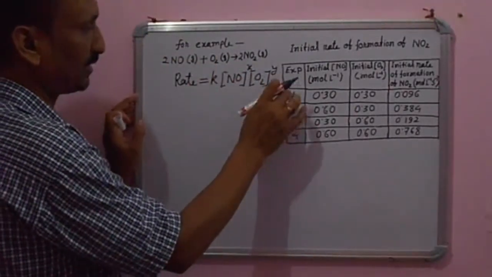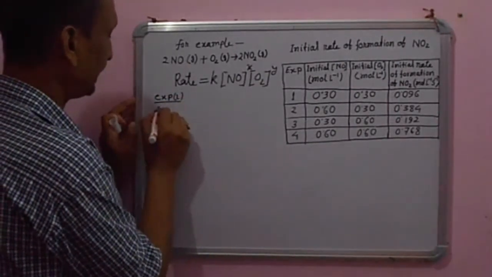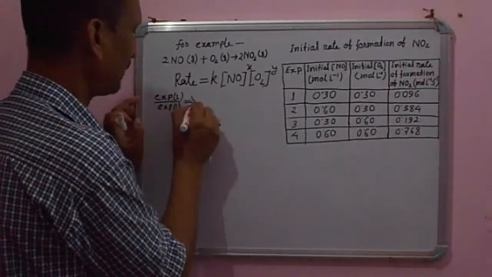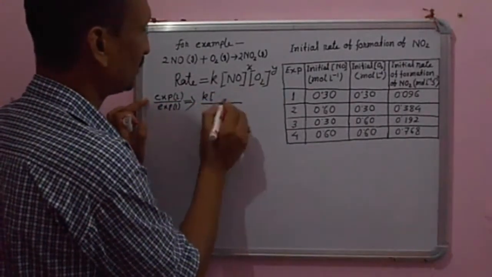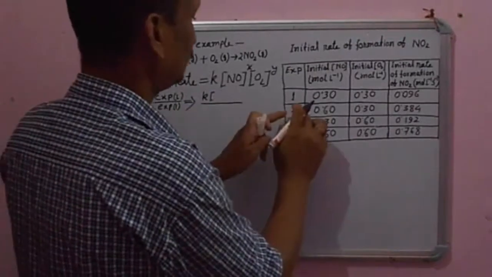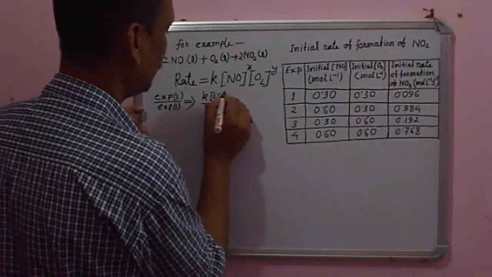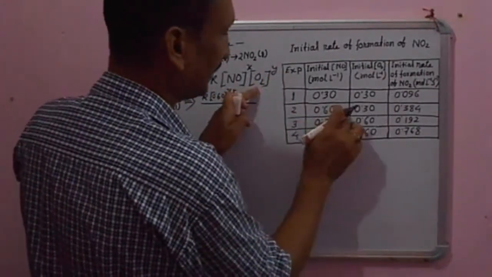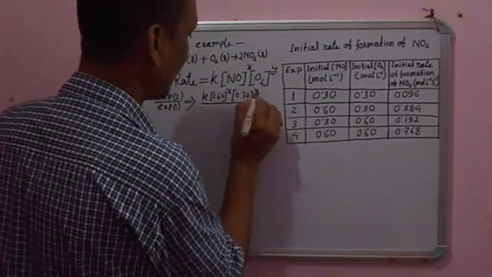Now if you compare experiment 1 and 2, that means experiment 2 divided by experiment 1. For experiment 2, K, concentration of NO to the power x, that is 0.60 to the power x, and concentration of O2 to the power y, that is 0.30 to the power y.